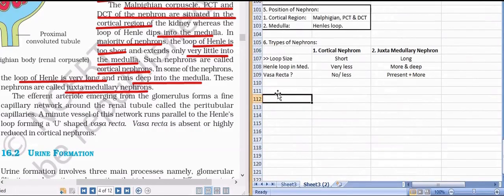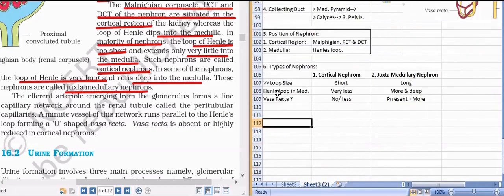Okay, next topic, this is seventh: the role of the efferent arteriole. What is it saying?